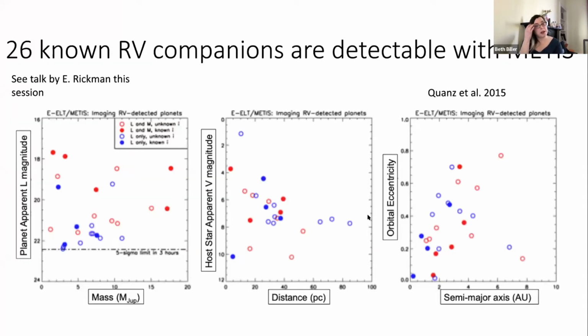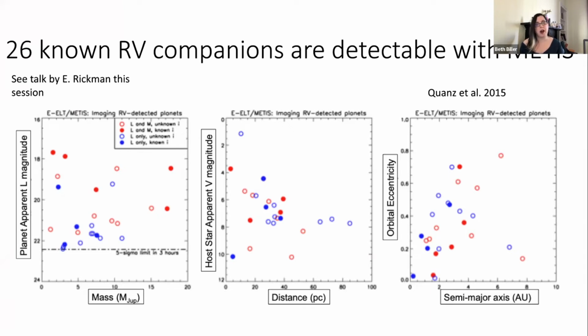But this is actually probably going to fundamentally change what sort of planets we go after when we do direct imaging surveys of planets. The previous generations of direct imaging surveys assume, because we're working mostly in the near infrared, there's a couple of mid-infrared surveys as well, that the younger the better and the closer the better. So stars have mostly been chosen for their youth and their proximity.